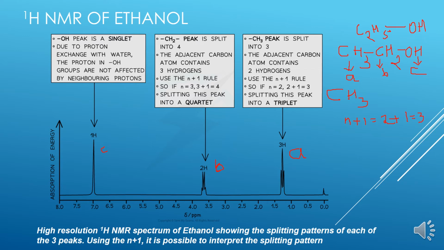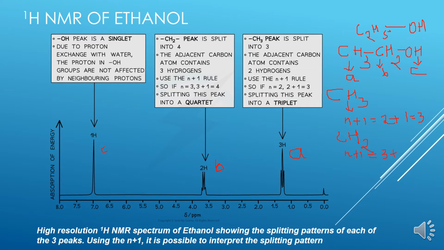So the methyl protons are split into a triplet, 3 peaks. Then for CH2 protons, there are three methyl protons available, therefore the n plus 1 rule gives 3 plus 1, which means 4.